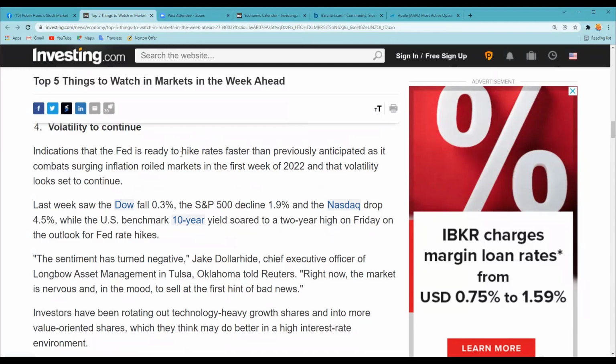One of the things, when they keep talking about rate hikes faster than previously anticipated: they were anticipating 2 rate hikes per year for the next 2 years. So that means there would have been an interest rate hike in June, and then another one in December. But they decided on 3 rate hikes per year for the next 2 years.